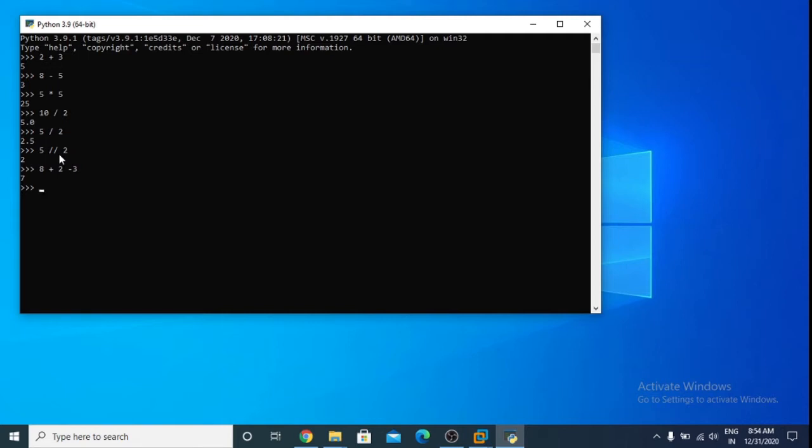Okay, so now I'm taking any other, like 3 plus 2 multiply 3. So here is the BODMAS rule. First is multiply and solve, 3 plus 3 multiply 2, 6 and plus 3. Okay, so it's 9.